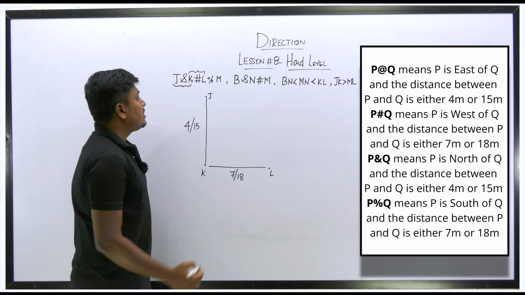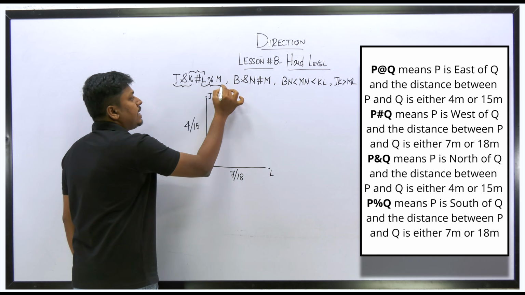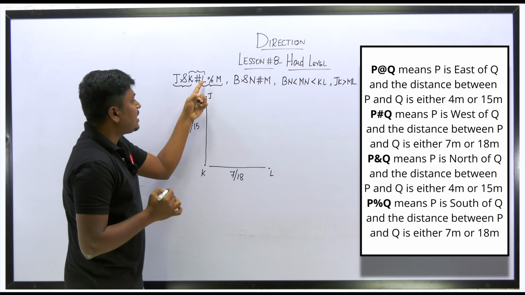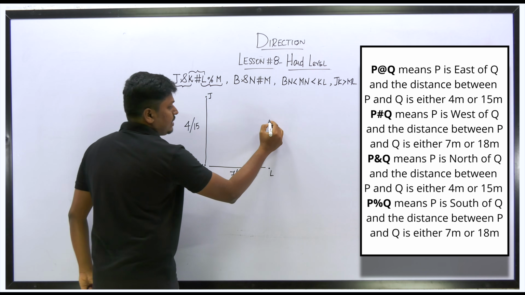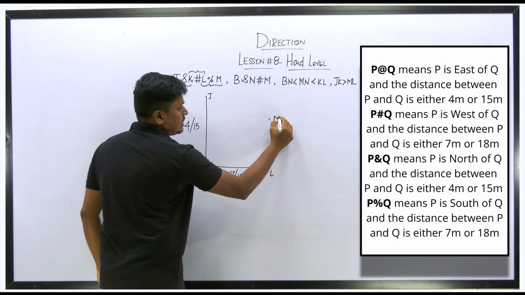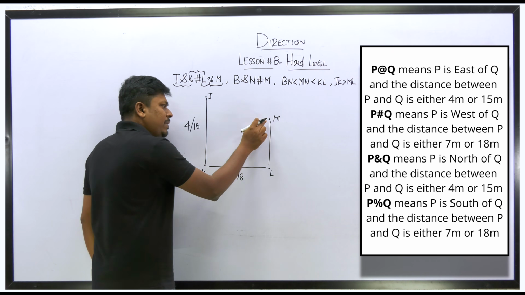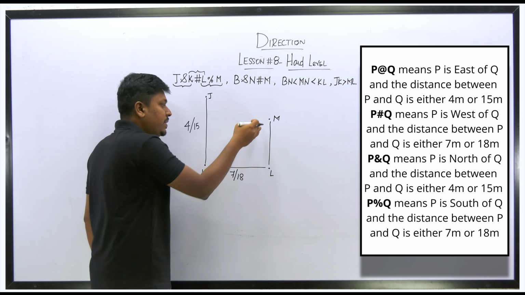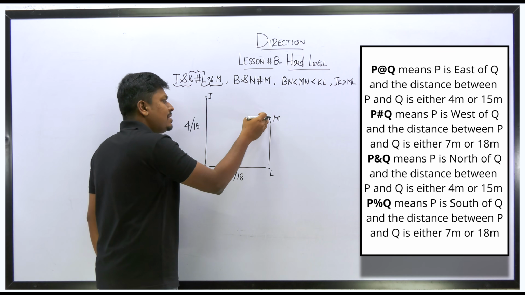Got it? So next two letters, L percentage M. If it is a percentage, they are talking about southern side. M southern side is L. Okay, so let me fix here. So M southern side should be L, right? You can place M here, anywhere else at this point because we don't know the exact distance. So I'm just fixing a point here.